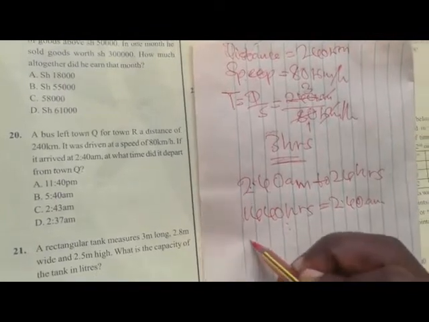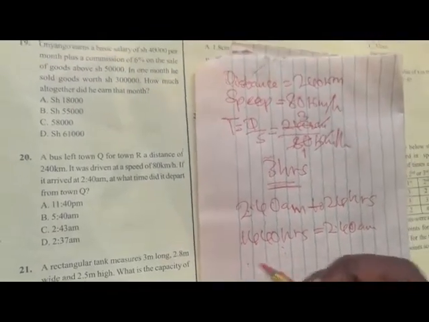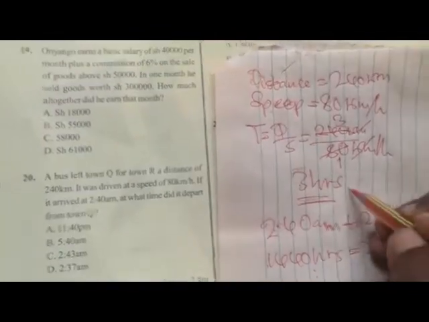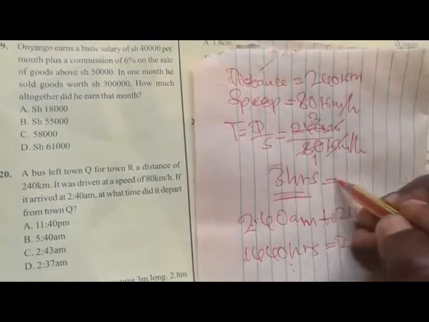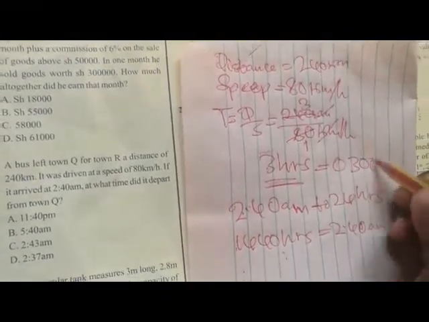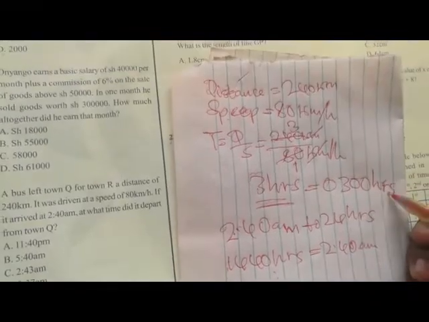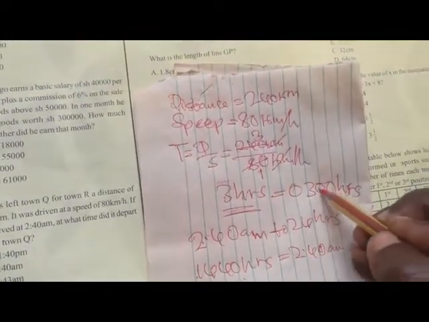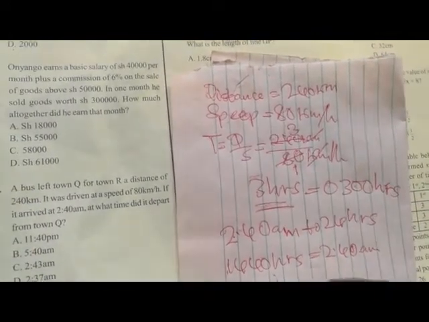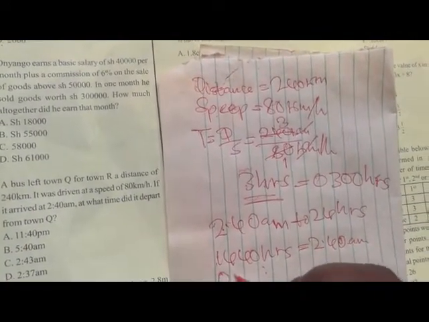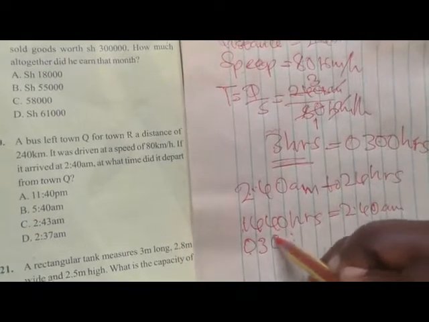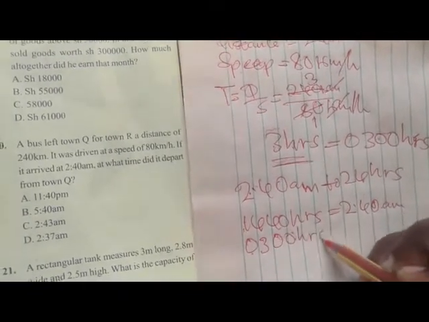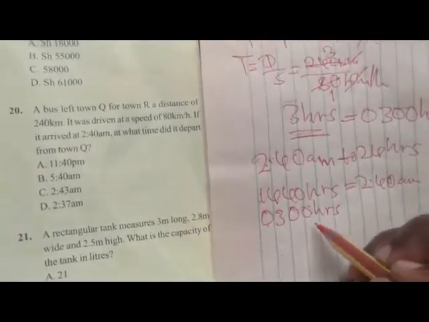Then we convert 3 hours to 24-hour format, which will be 03 hours. This is in the 12-hour system changed to 24 hours, then we subtract. We are going to subtract 03 hours to get the time now.